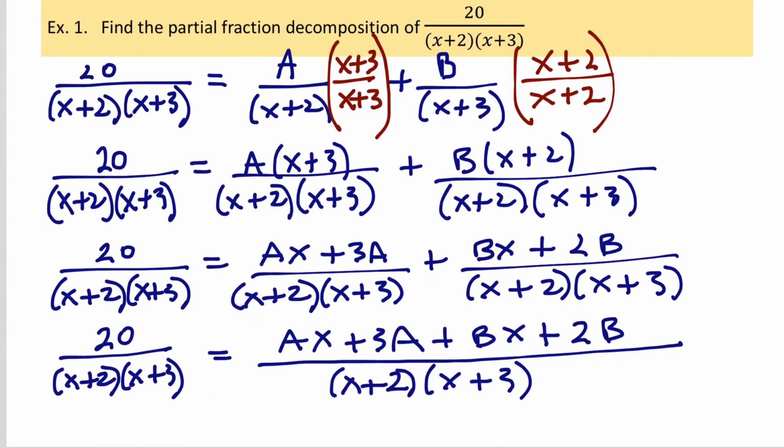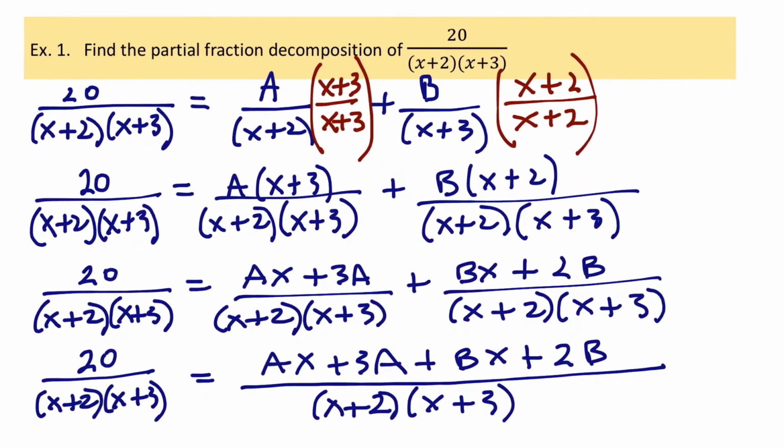Since I have a common denominator right here and right here, I'm going to make it into one fraction on the right-hand side. So my numerator is all of this here. Now I've got two equivalent fractions with the same denominator, which means the numerators are equivalent in order for this to be an equality.